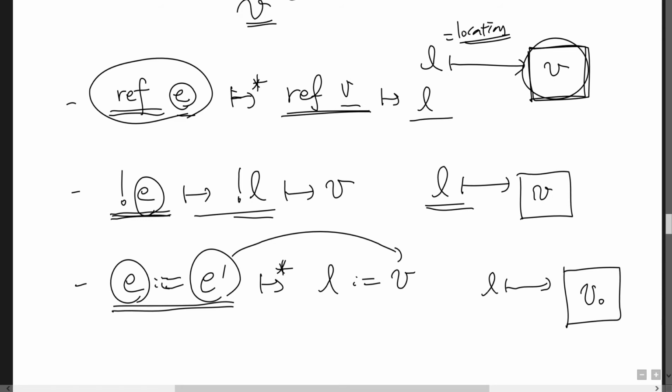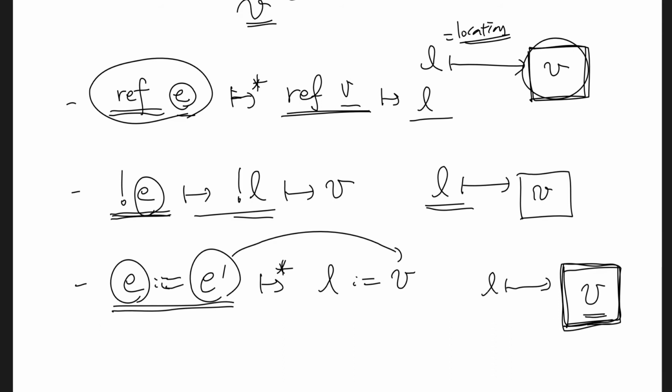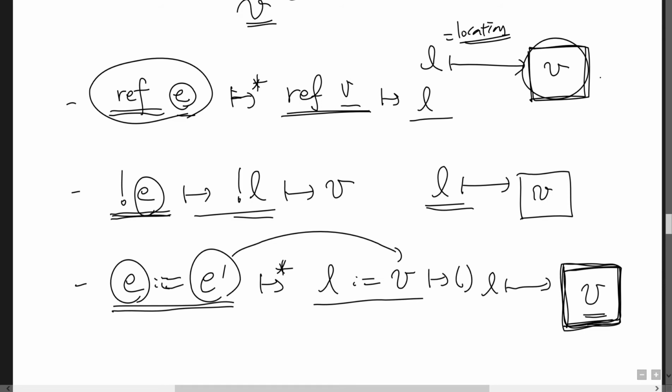Now we are going to update this memory cell by erasing this one and writing a new value v. So the content of this memory cell has been updated with this new value v. It has this side effect of updating the memory cell, but this expression itself has no interesting computational value, so we are going to return unit.